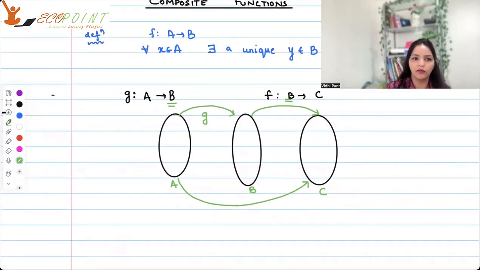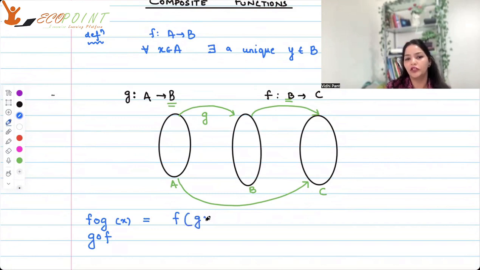There are two types of compositions which you can create. One is f of g and the other is g of f. Both are different, and understand that conceptually. When we say f of g, the composition f of g of x with input x basically means f of g(x).